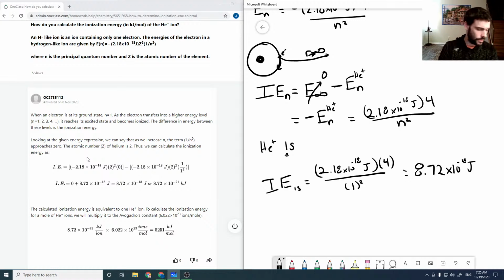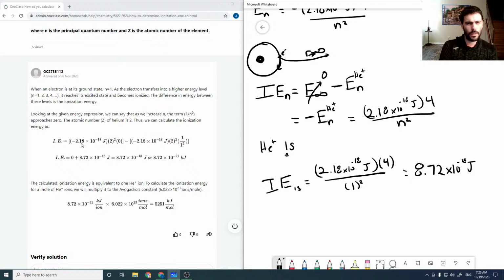No, so this actually isn't right. So we can calculate the ionization energy as, oh, okay, no, it's fine. So it's not just when it reaches a higher state, it has to be actually taken to infinity.